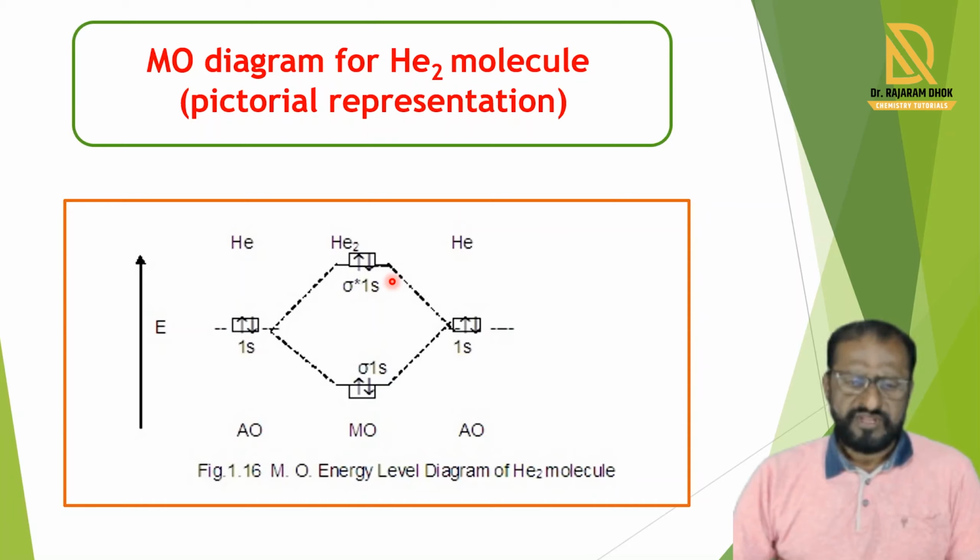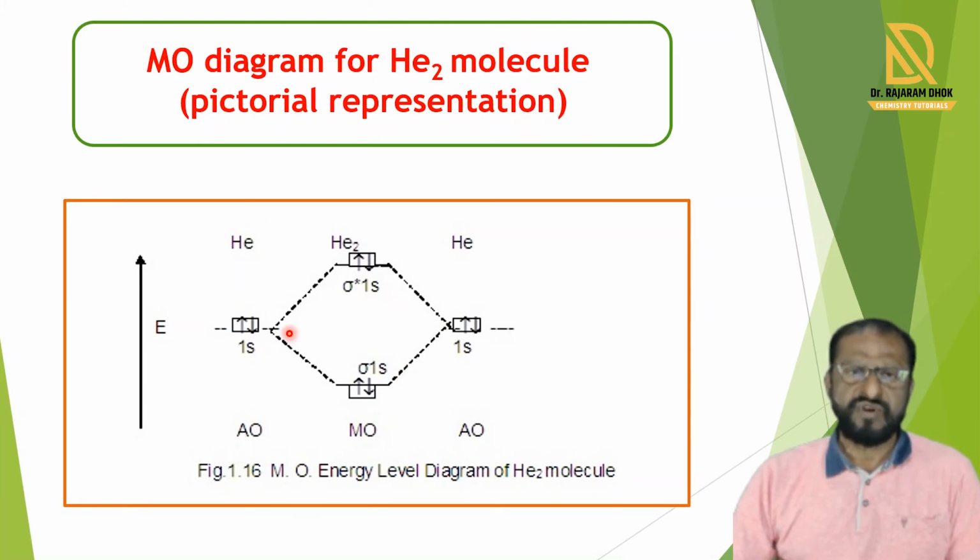So by combination of the two atomic orbitals of helium, 1s and 1s, two molecular orbitals are formed: sigma 1s and sigma star 1s.